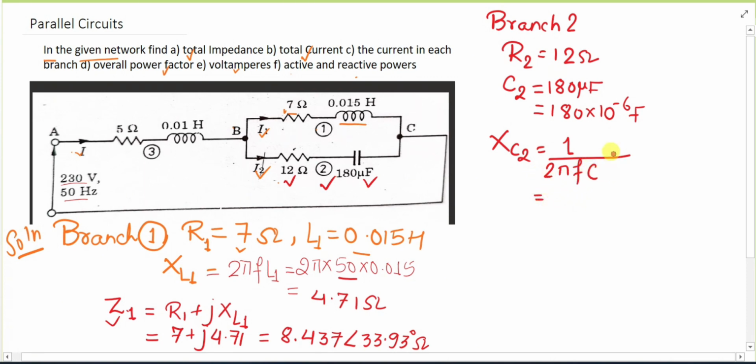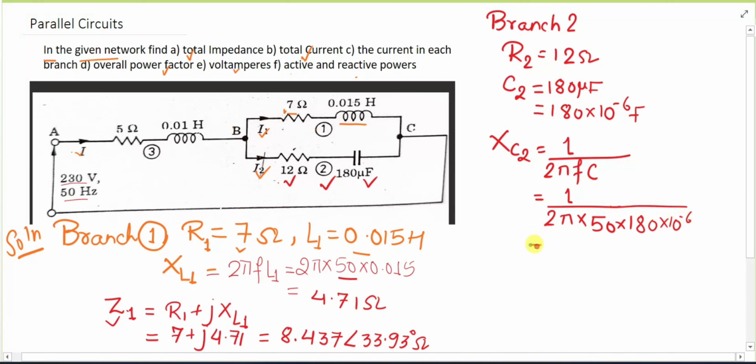You have to remember such formulas for AC. If you remember the formulas, it will be easy for you to solve such numericals. Let's write it as 1 upon 2 pi into 50 into 180 into 10 to the power minus 6.